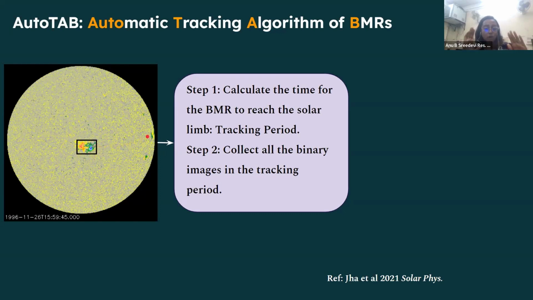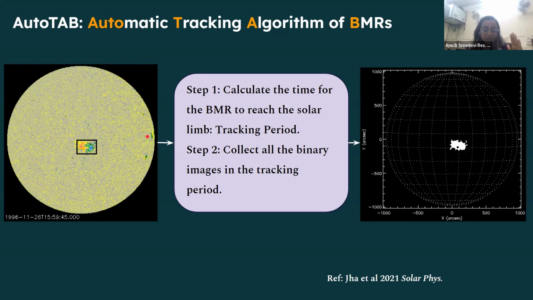And we collect all the binary images. So this is the binary image of this particular magnetogram. So we collect all these binary images of this tracking period. I again repeat, the tracking period is the time which the BMR will take to reach the limb. So in that tracking period, I collect all the binary images.